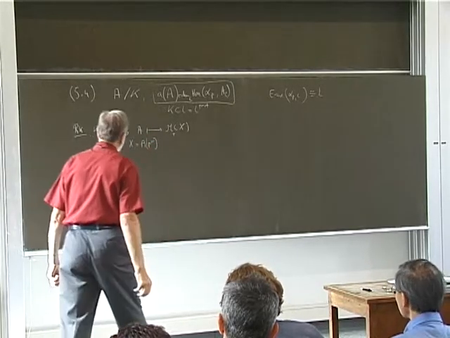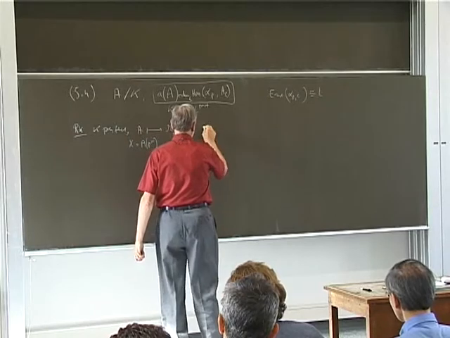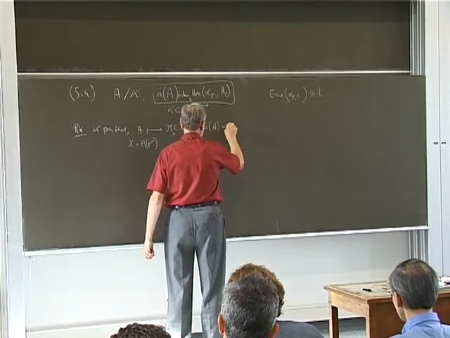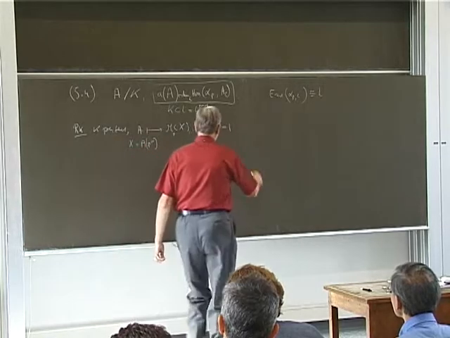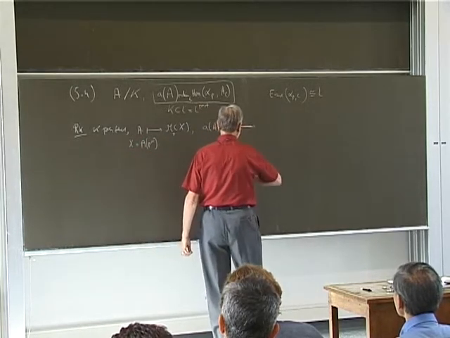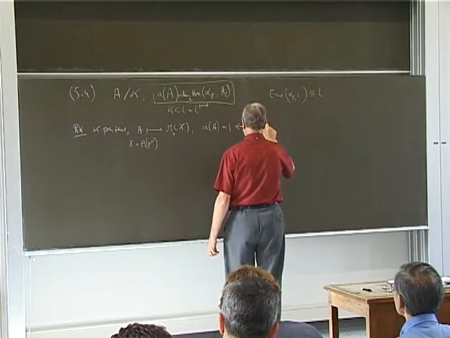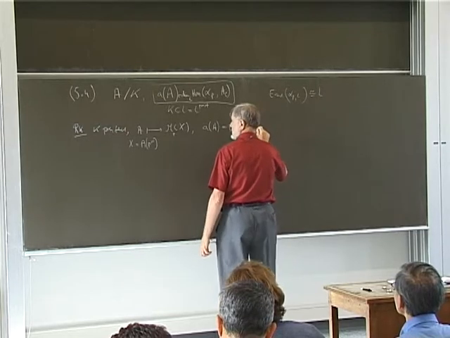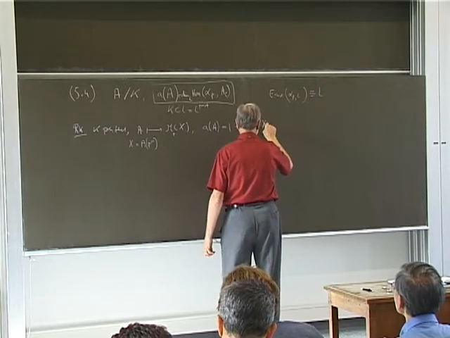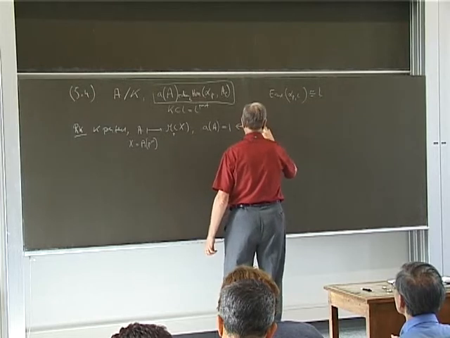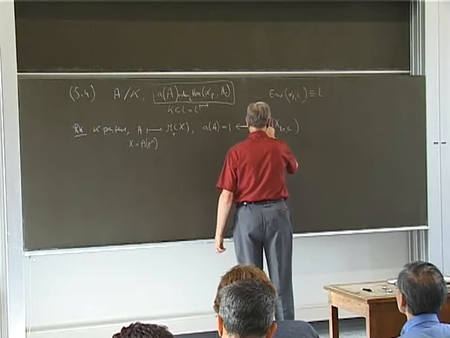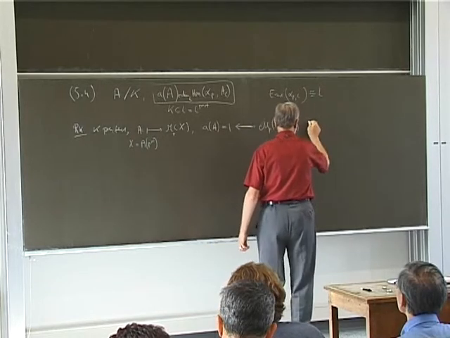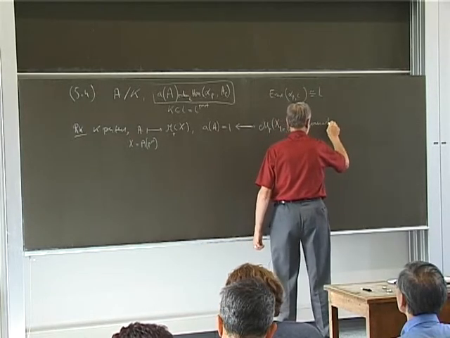And it might happen that the a-number of A is 1, and I claim this is the same as saying that if I take the local part of this, it's generated by one element.